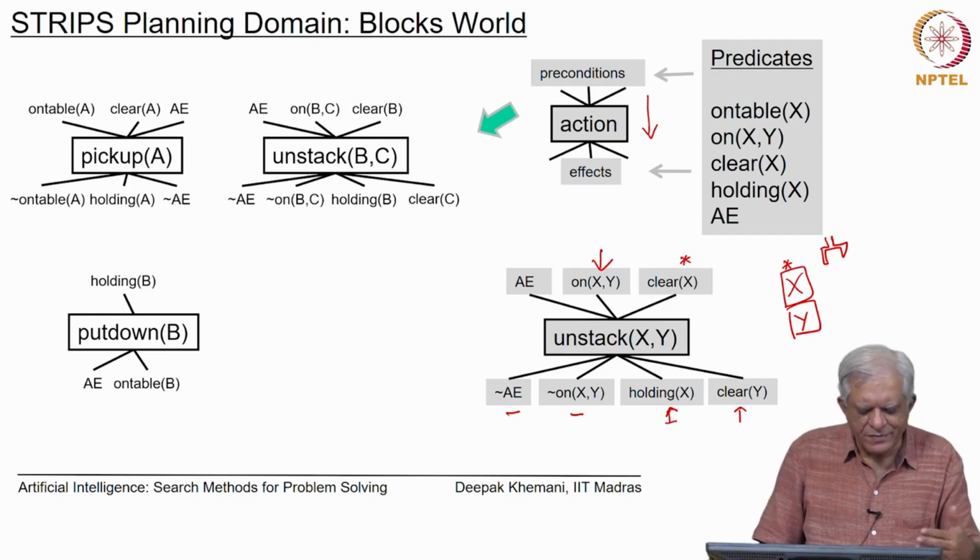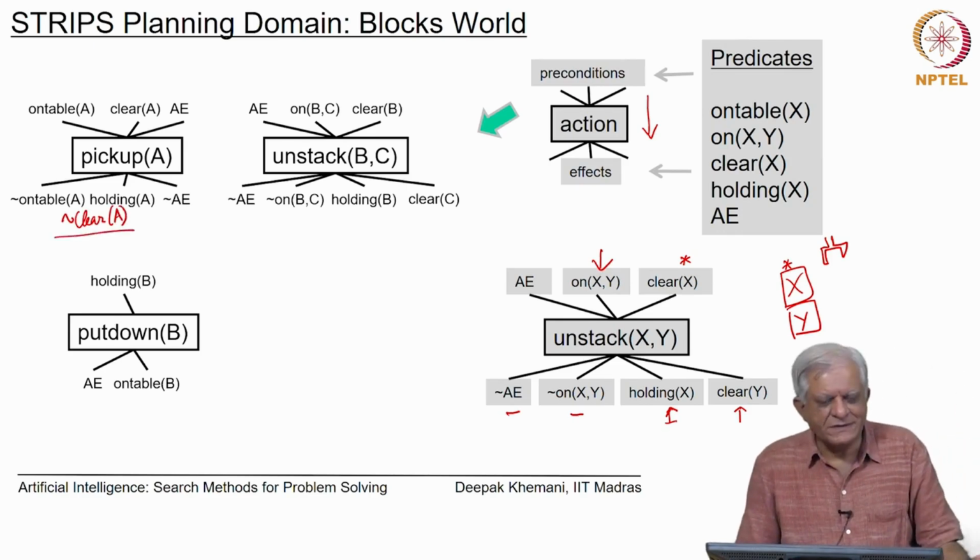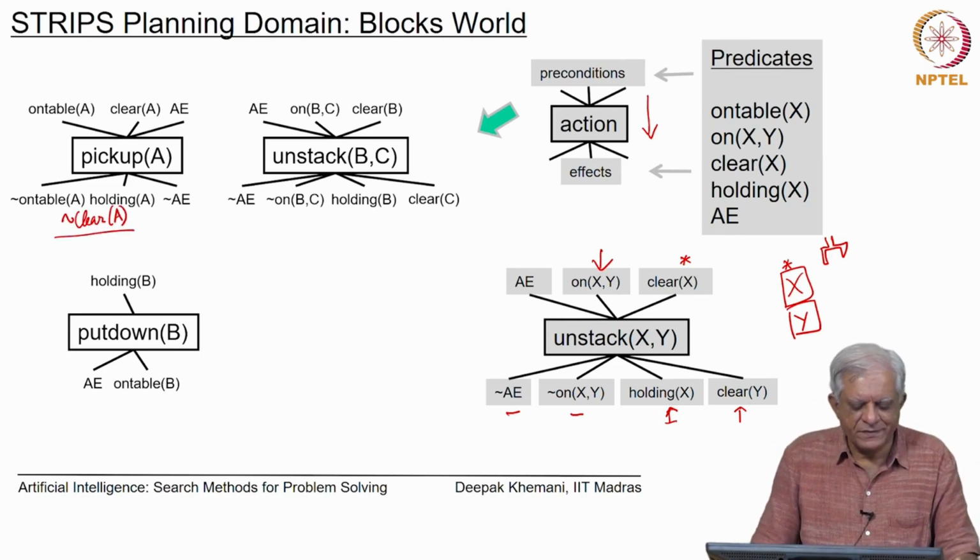Now, I have not added in this case, for example, the negative effect of clear A. I mean, in this particular world it does not matter so much, because it is a very simple world.